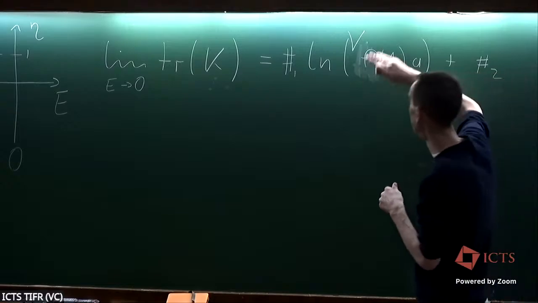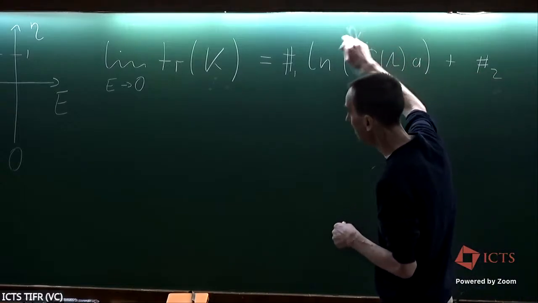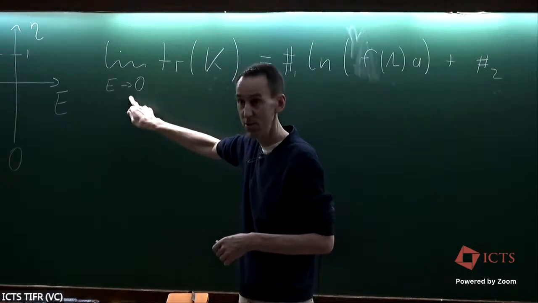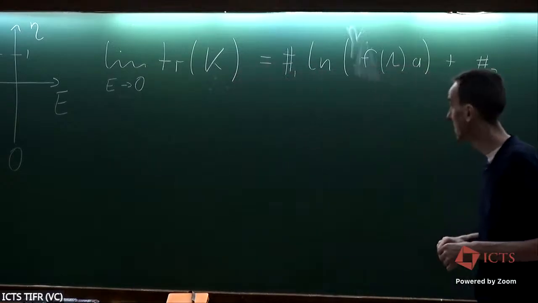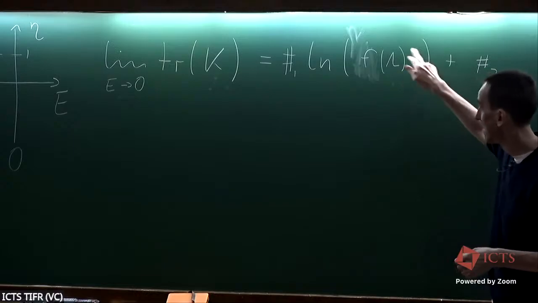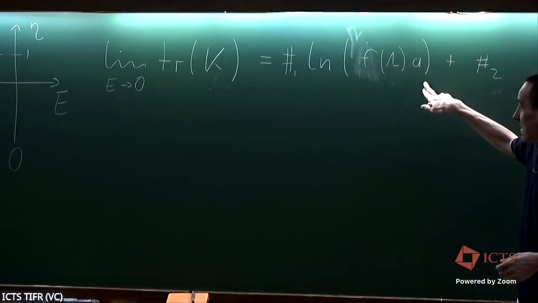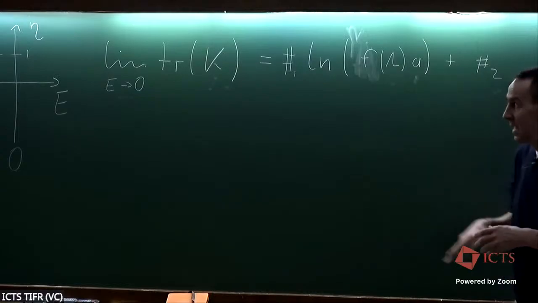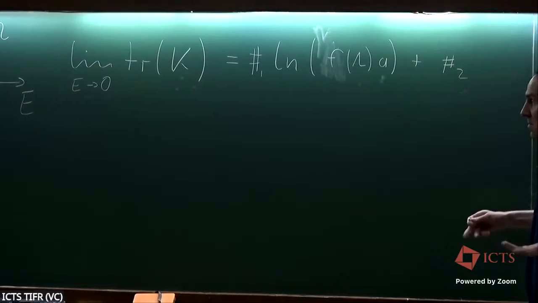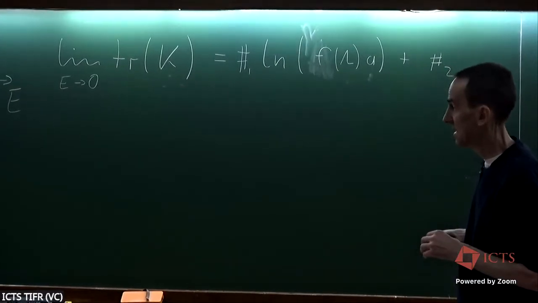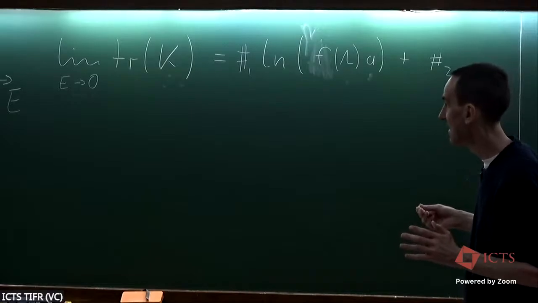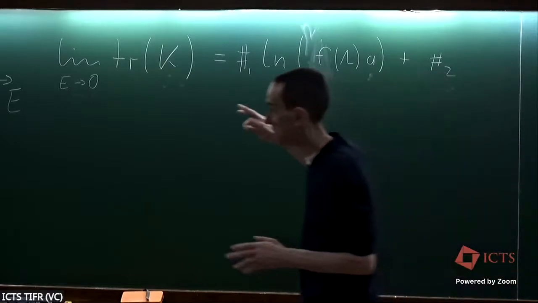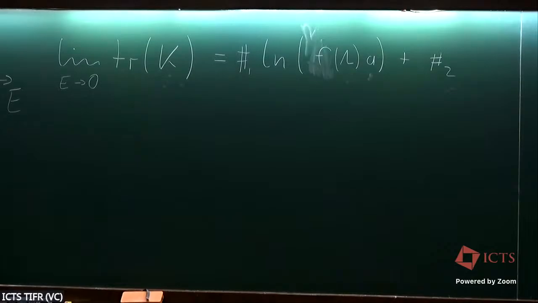But if you set E equal to 0, or let E go to 0, you'll find that this form here is the one which diverges logarithmically with A. Okay, this is what it is, but I can't readily tell anything from that yet in terms of the evolution and the properties in the limit E going to 0 for those eigenvalues.